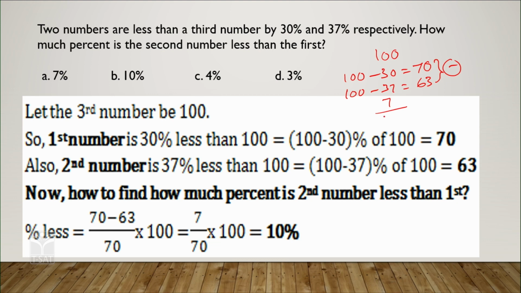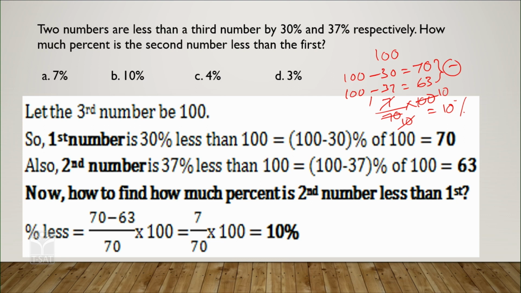The first number is 70, and 7 is the difference between them. So you have to multiply 7 by 70 with 100. As you know, 7 ones are 7, 7 tens are 70, it is 10%. Means the second number is 10% less than the first number.